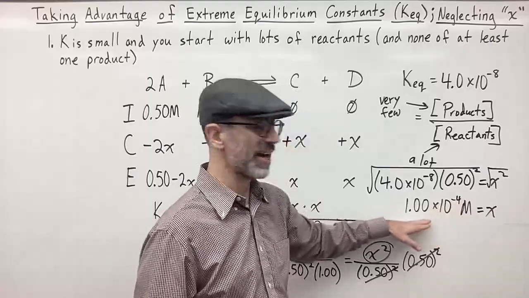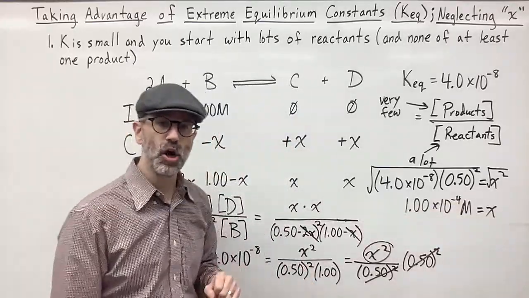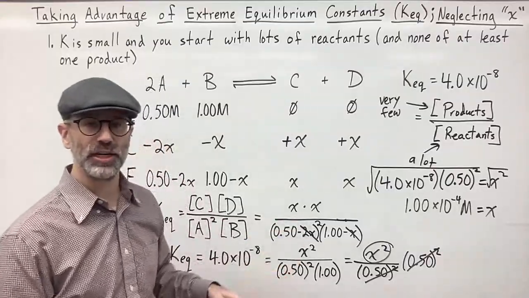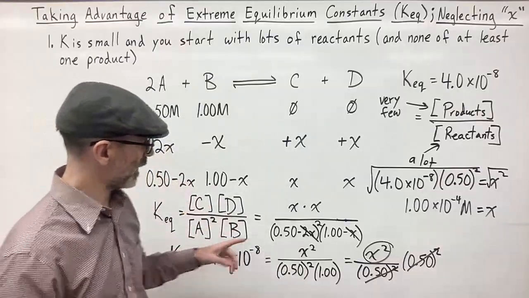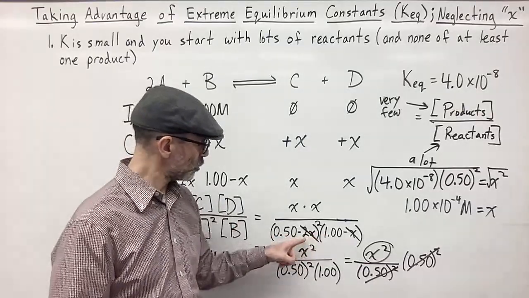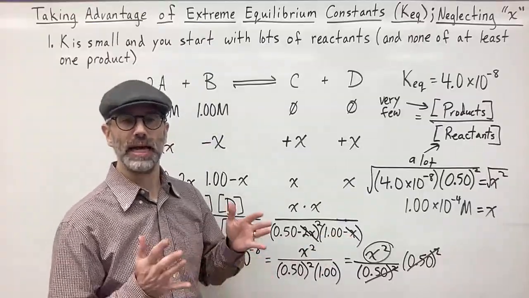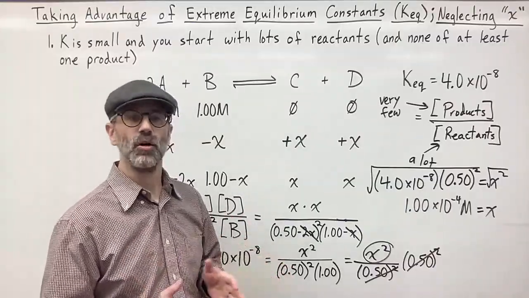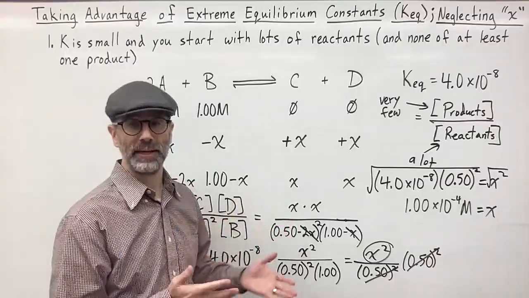So as we said, a very small concentration. However, we had to make an assumption to get that concentration to simplify the calculation. And that assumption was that x, 2x, and x are so small as to be negligible, and it's not going to really have a very big effect or big error in our calculation if we make that assumption.